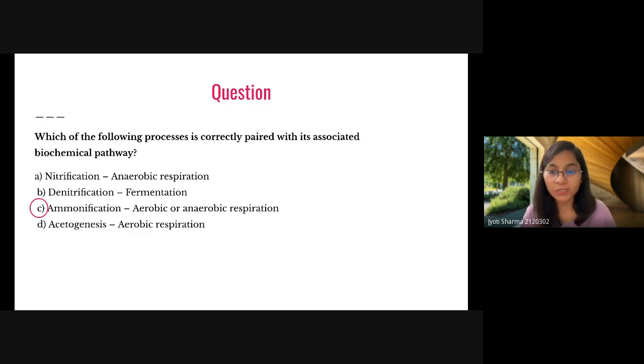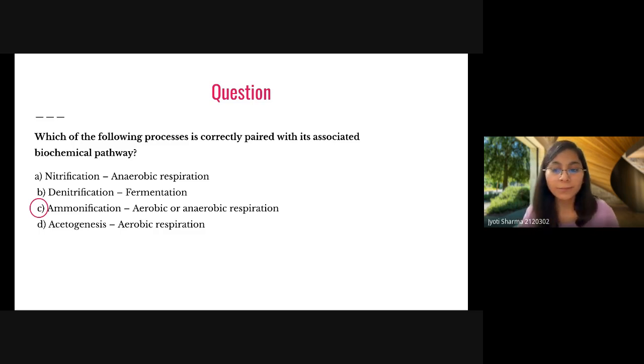So ammonification is, we do have nitrogen as N2 in the atmosphere, and if we are fixing that N2 into NH3, this is ammonia, then this can be under aerobic as well as under anaerobic respiration, right?